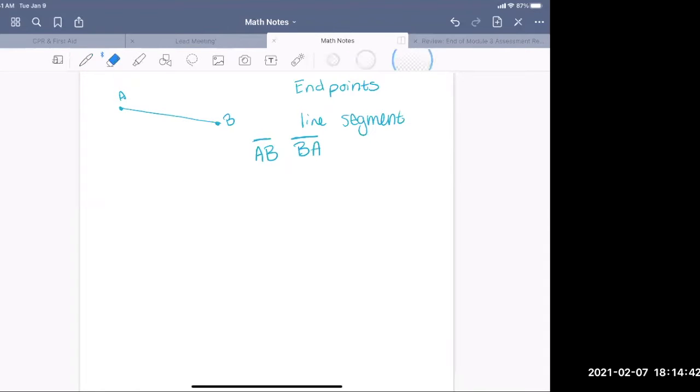Okay, our next step is to draw one more point. Your point can be above your line segment, beside your line segment, below your line segment, wherever you want it to be. This point is going to be point C, and point C should not be located on line segment AB.